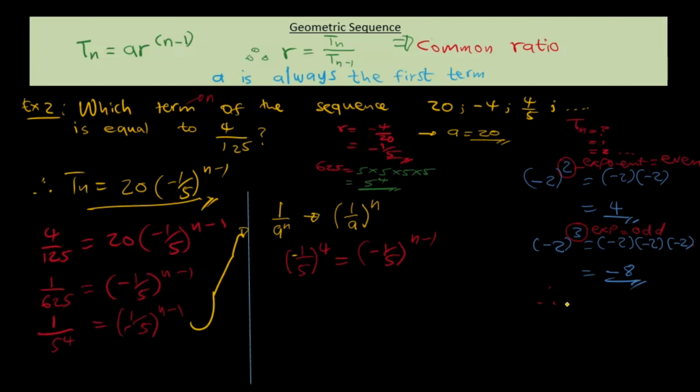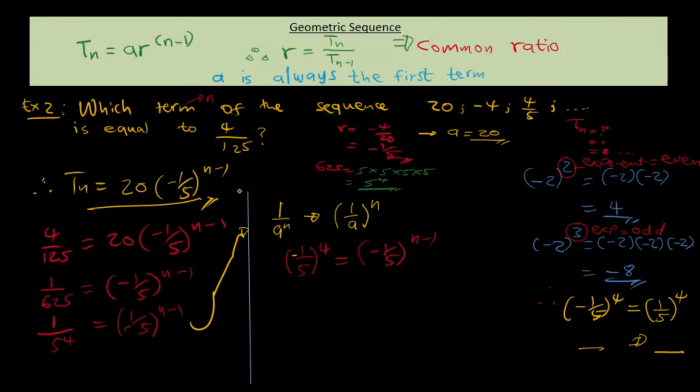Meaning (−1/5)^4 is the same as (1/5)^4. See, this one does not have a negative. These two are exactly the same. The answer that you'll get if you put this into your calculator should be the same as what you'll get here, because you'll get a positive answer as the exponent is actually an even number.